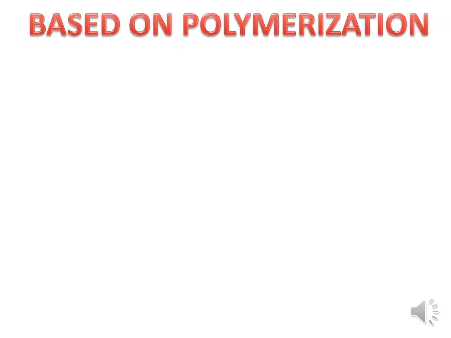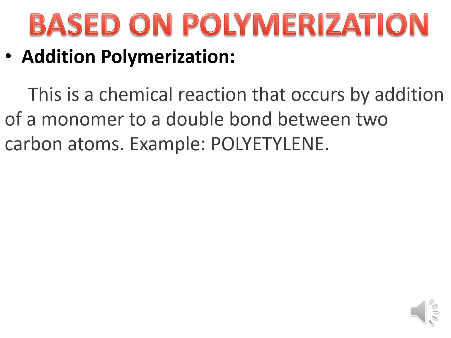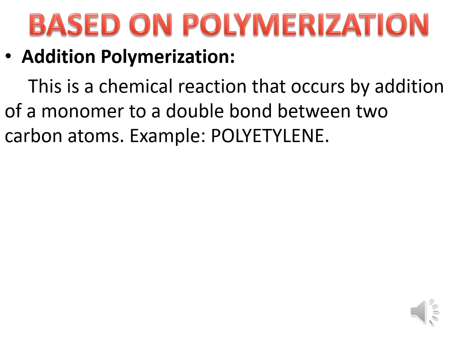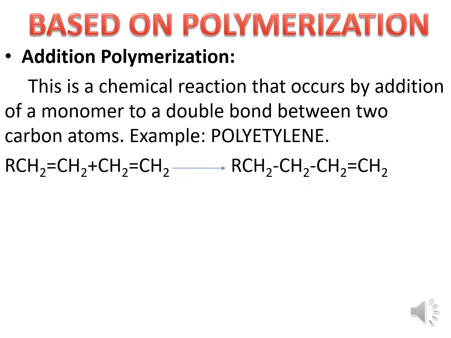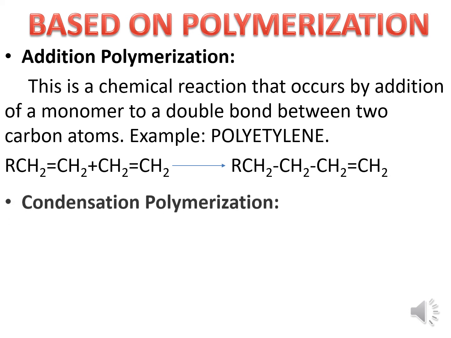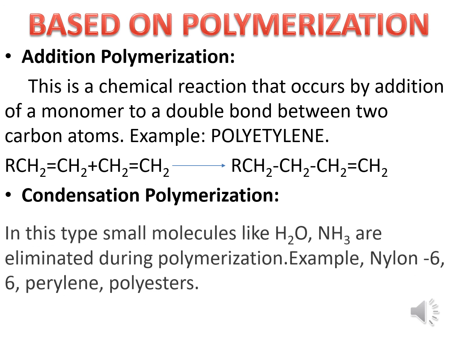Classification based on polymerization. First, addition polymerization. This is a chemical reaction that occurs by addition of a monomer to a double bond between two carbon atoms. Example: polyethylene. Repeated addition of ethylene in this way will give rise to a long chain polymer called polyethylene. Second, condensation polymerization.